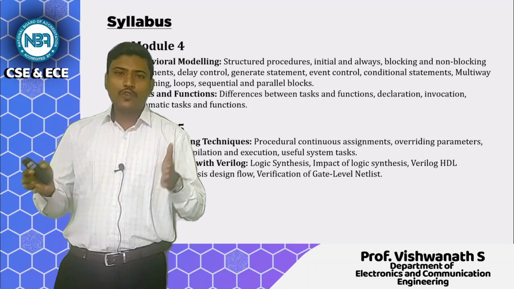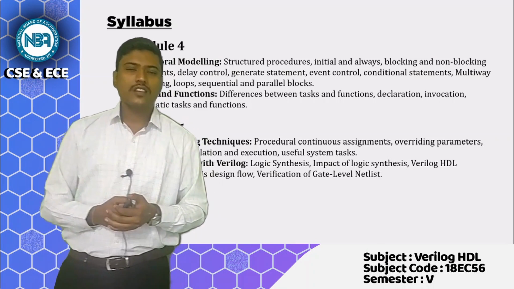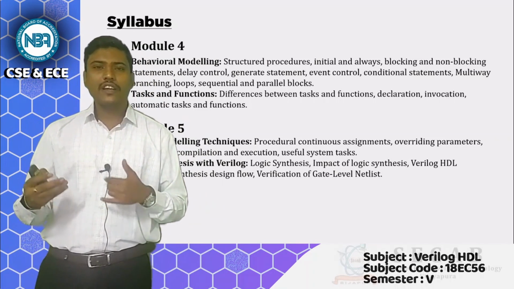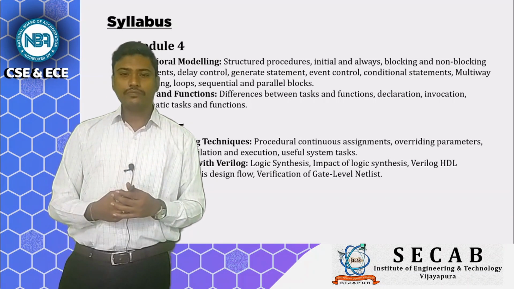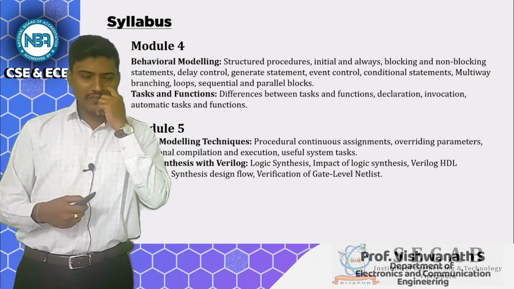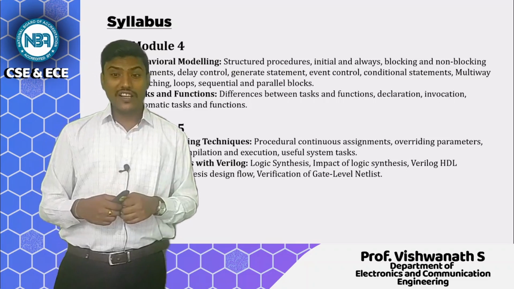So when I need to optimize this code, I can go for different tasks and functions, where we can reduce these logical elements. And in module 5 we are going to study some advanced techniques.